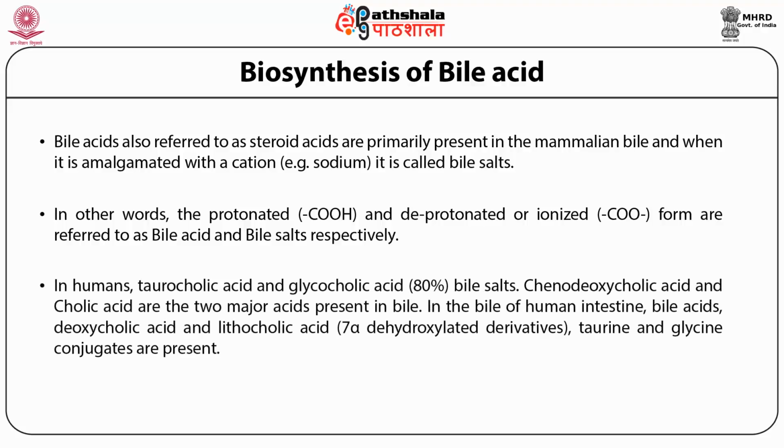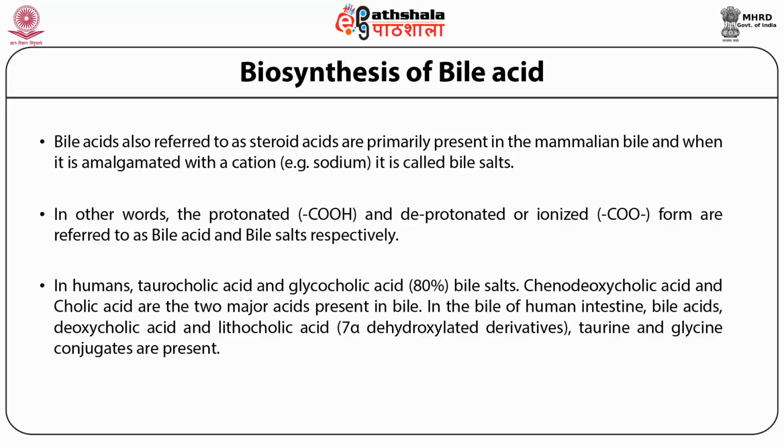In humans, taurocholic acid and glycocholic acid salts signify about 80% of the entire bile salts. The deoxycholic acid and cholic acid are the two major acids present in the bile.